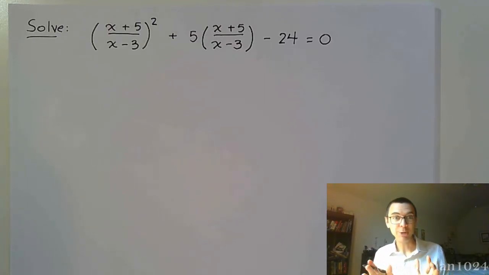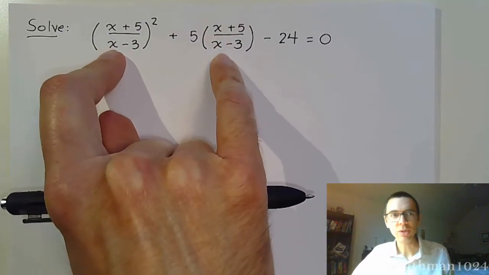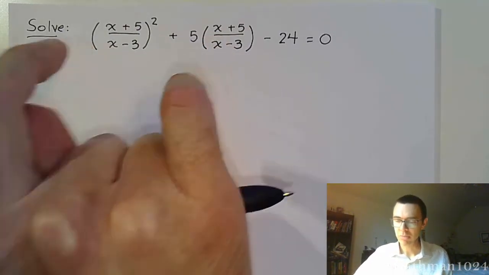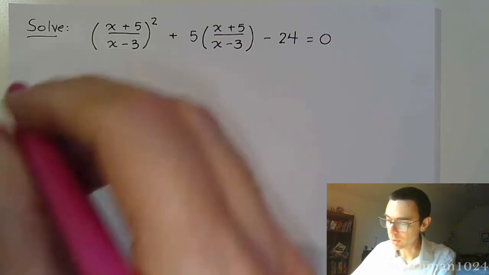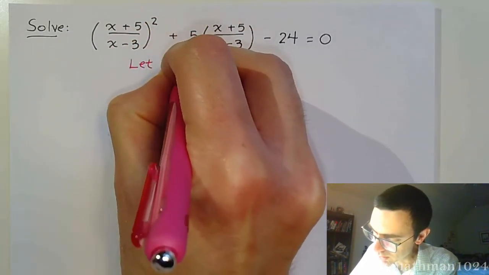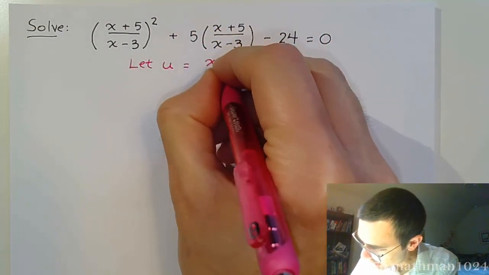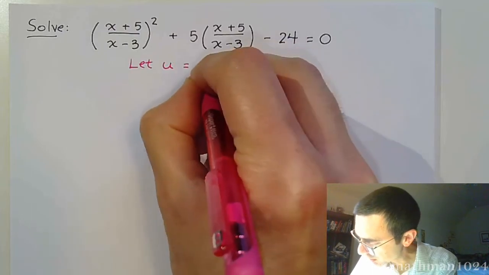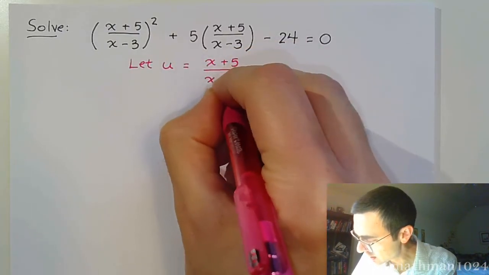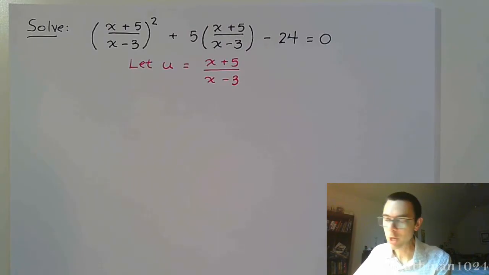Now, I hope it's pretty apparent to you what's going on. You have the exact same crazy wackadoo variable expression. So that's usually your clue for how you want to define your usage of u for your u substitution. So let's let u be x plus 5 over x minus 3. Okay?